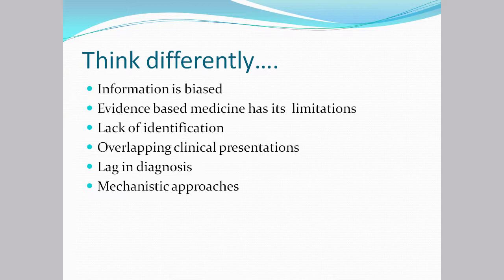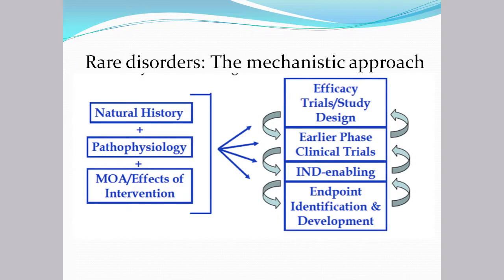And unfortunately, we have learned that these patients do not read the books or the publications about them. Similarly, there is a lack of identification and many presentations can overlap with each other. Sean is going to give a great presentation today of a patient that we diagnosed. I'm not going to give the clues, but this is an example, and there is a big lack in diagnosis.